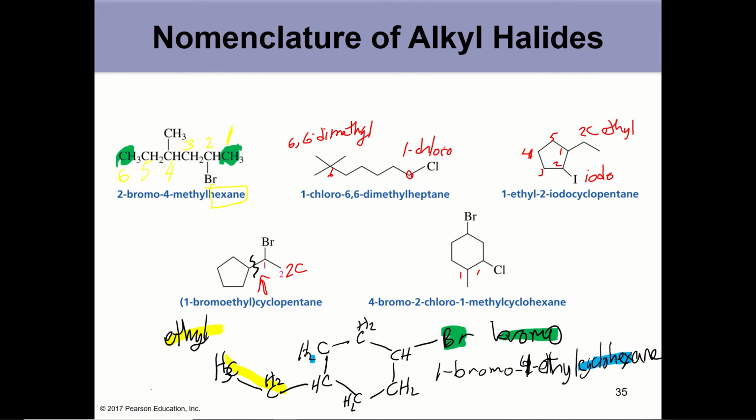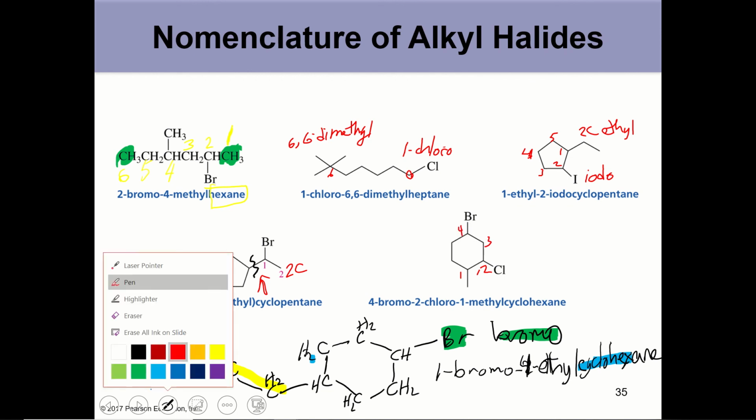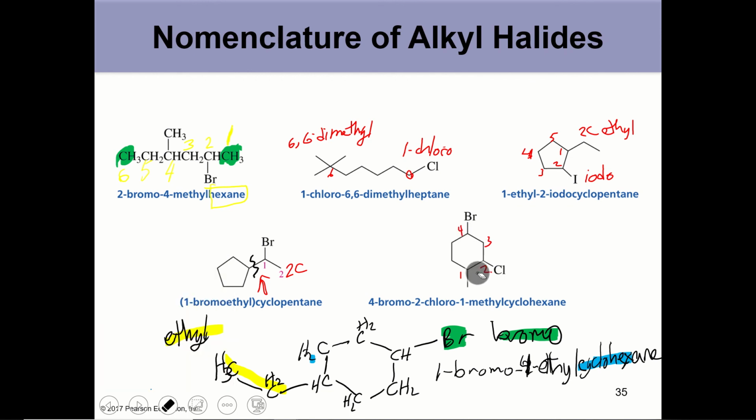So I have 1, 2, 3, 4. And so I have a methyl at carbon 1, chloro at carbon 2, and a bromo at carbon 4. If I list these in alphabetical order, I will get 4-bromo-2-chloro-1-methylcyclohexane.